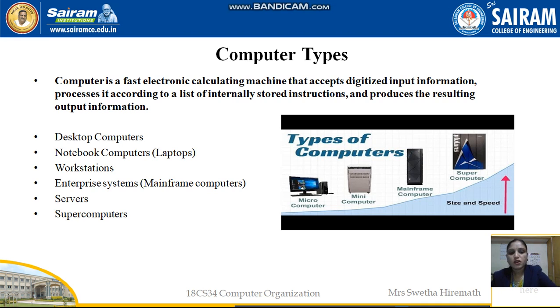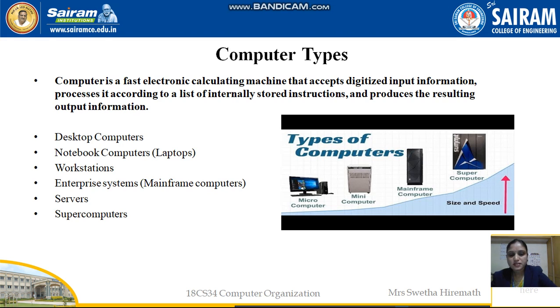So we all know what is a computer. Computer is an electronic device which performs the execution part, that is whatever instructions we are giving, it will execute and it will give us the output back. It is like a calculator, a calculating machine which takes the input and gives the output. For example, if we want to add two numbers, then we'll be giving the input as two numbers, and we have to mention that the add operation has to be performed.